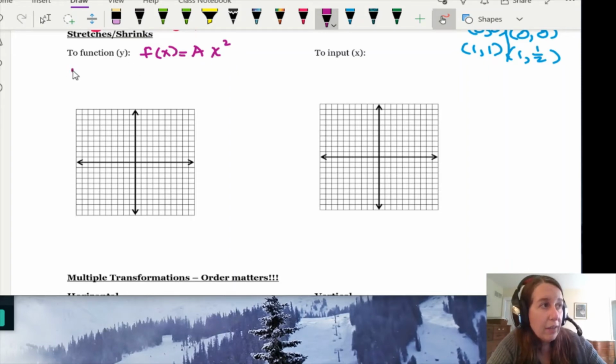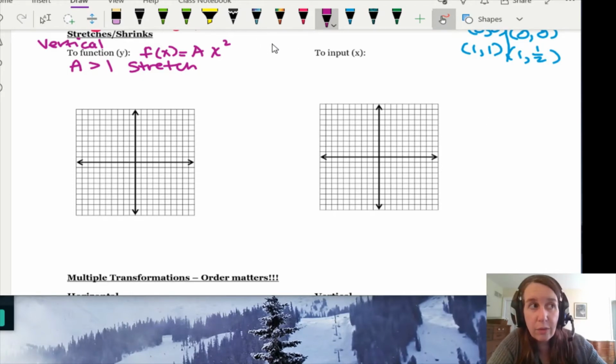If a is greater than 1, then that is a stretch. And if it's happening to the function, this is vertical. Maybe you want to write that down, it could be confusing later. So if a is greater than 1, that's a stretch. We had that up above, we had that in 3x squared.